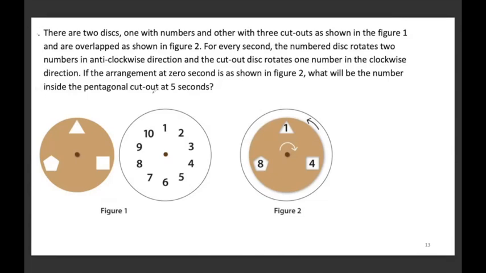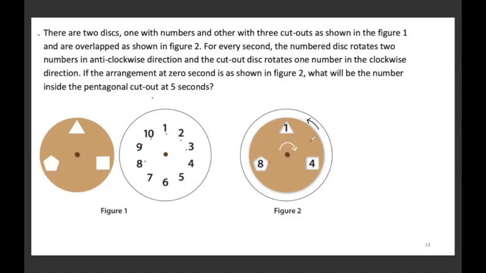Okay. In this case, first we'll try to locate where exactly the pentagonal cutout will land after 5 seconds. We know the cutout disk is rotating clockwise by one number. So the pentagon cutout from this position, 8 is here, from there it will reach 1, 2, 3, 4 and 5.